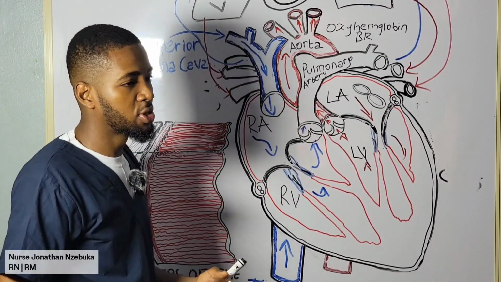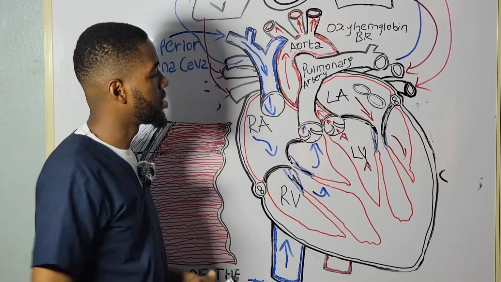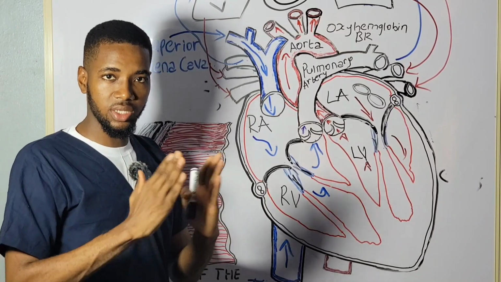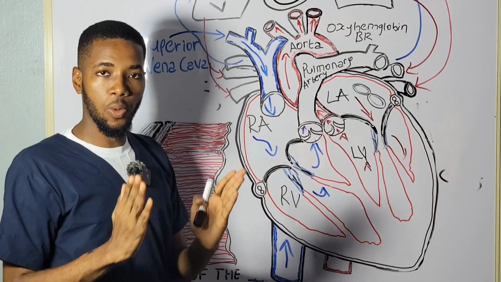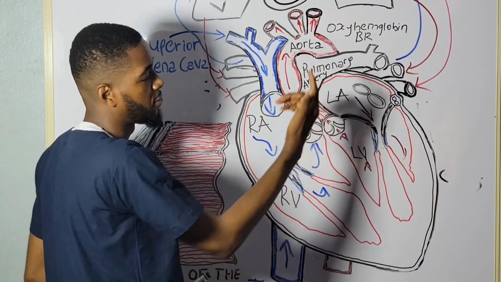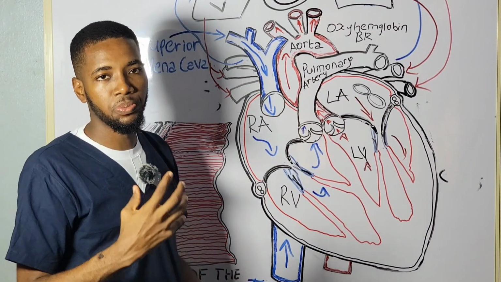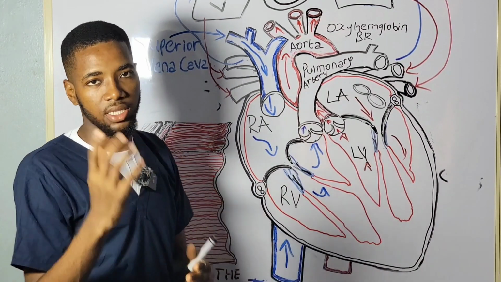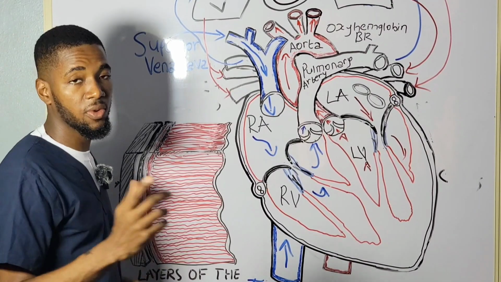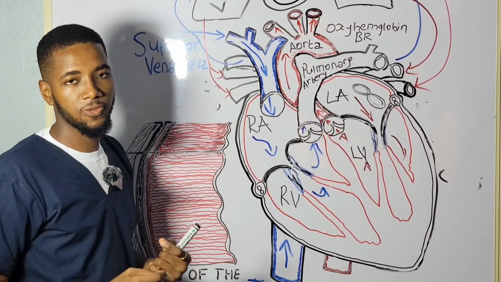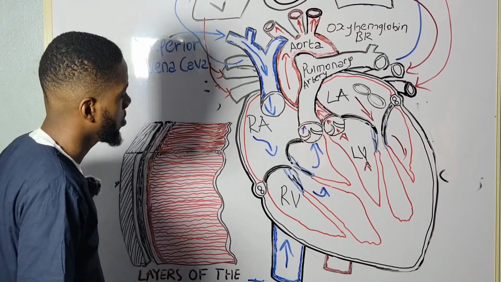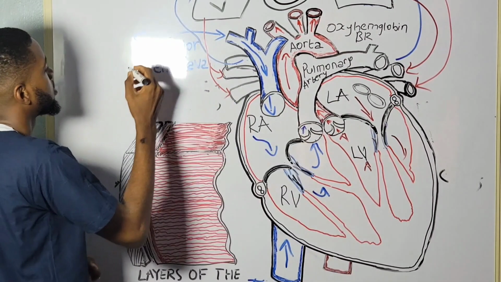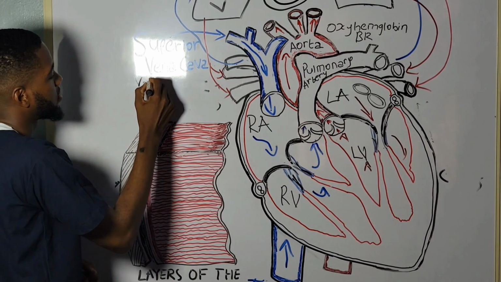So when we talk about cardiac rhythms, the valves are equally important, because if the valves are not opening and closing at the right time, opening, closing, opening, closing, unfortunately the heart won't be beating in a rhythmic pattern. So at least now we've come to understand some functions of the heart. Now we've spoken about the valves of the heart.